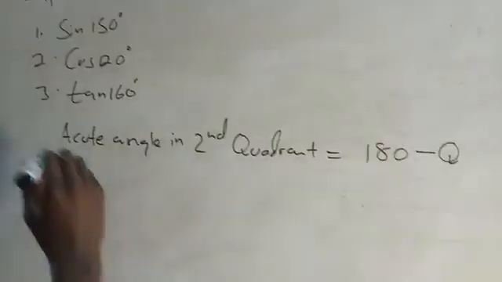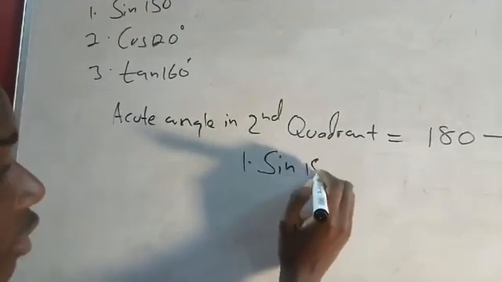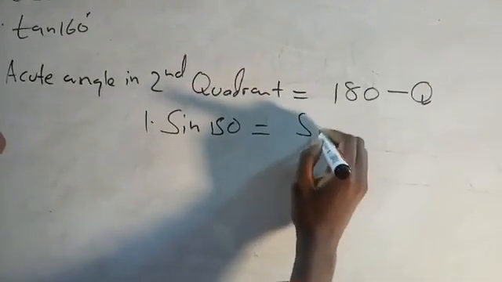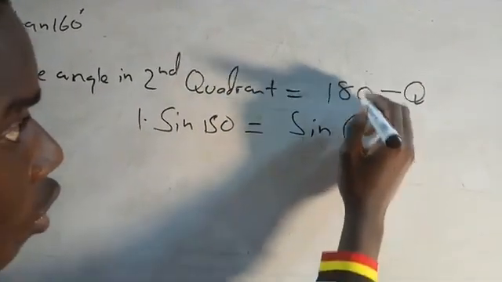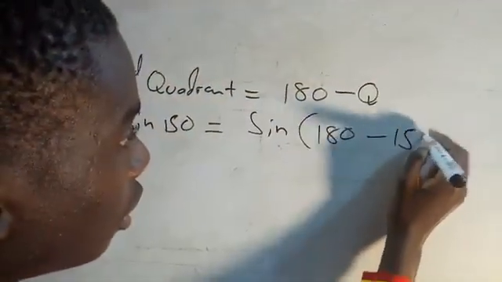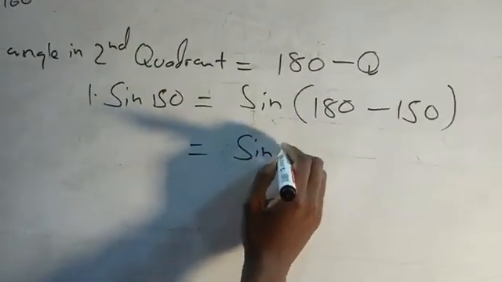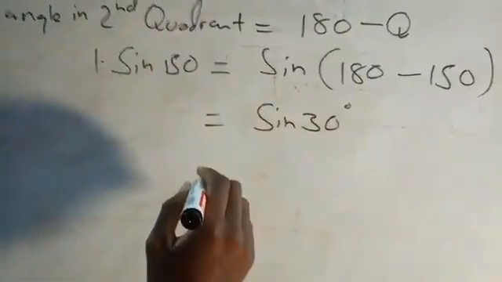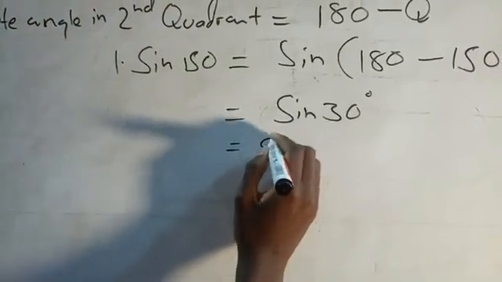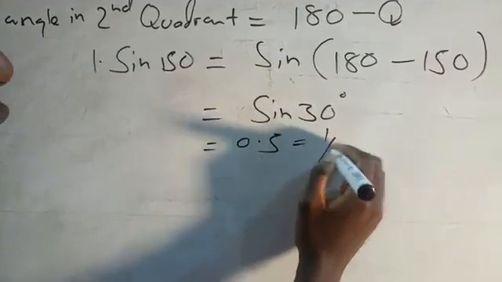So number 1, sine 150 degrees equals sine of (180 minus 150), becoming sine 30 degrees, and sine of 30 degrees equals 0.5, also equal to a half.